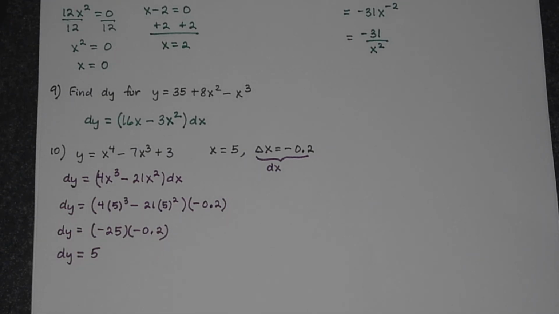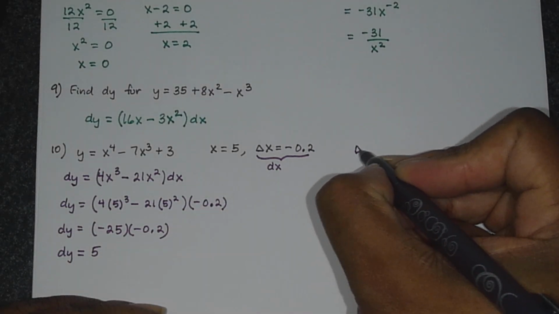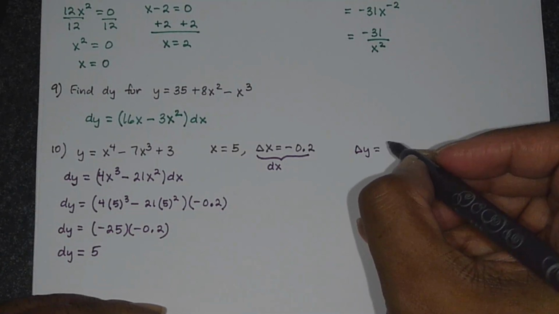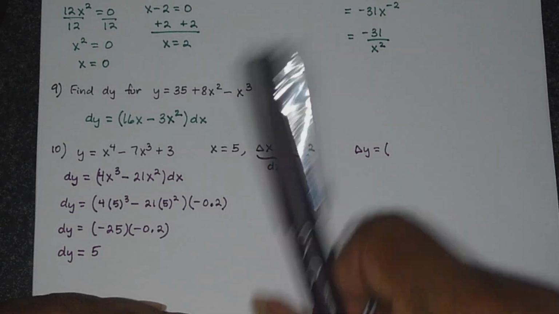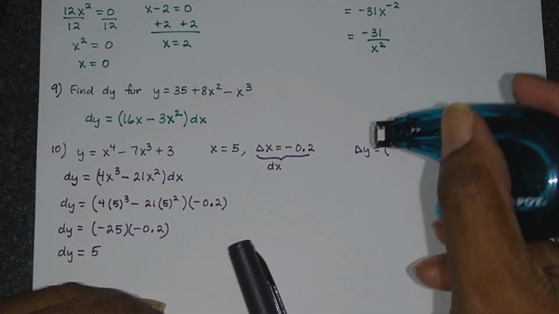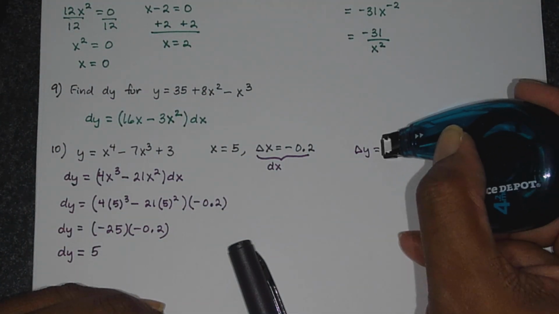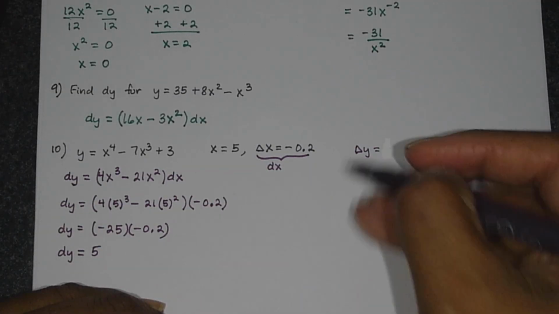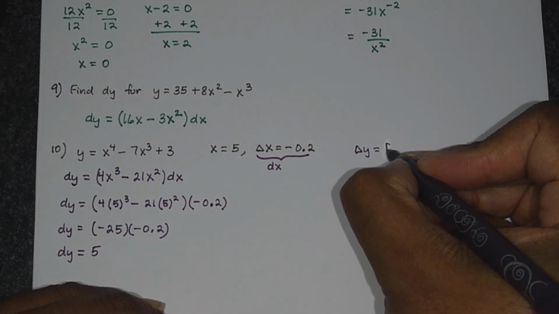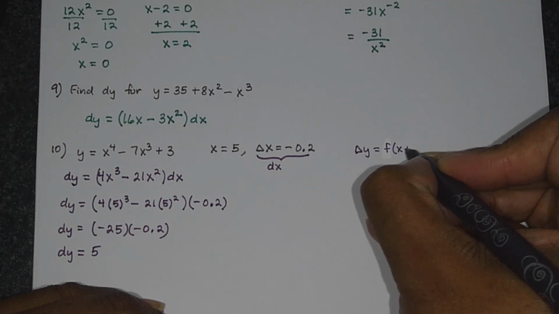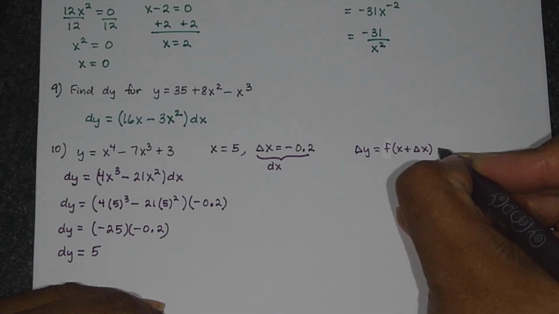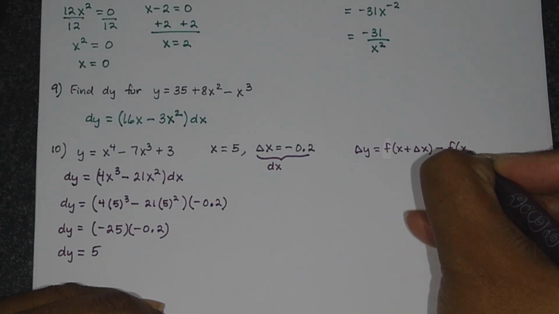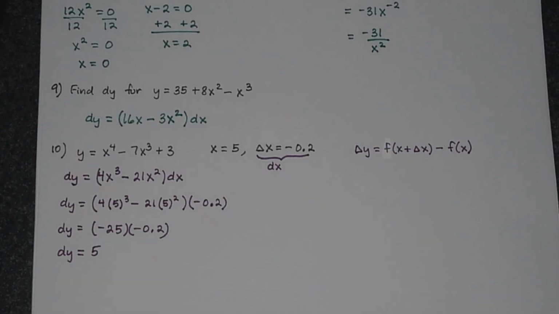We also have to find delta y. And here, delta y represents a change in y, which is going to be, you might have to look through your notes for the section on differentials, f of x plus delta x minus f of x. That represents a change in y.